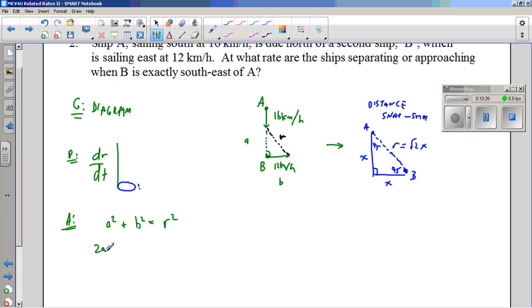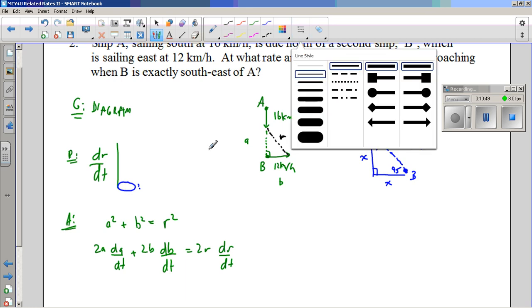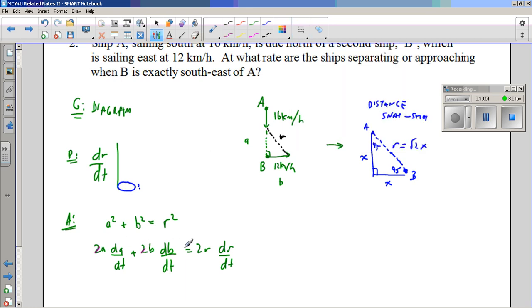So this is 2a dA dt, and I have 2b dB dt, and 2r dr dt. Okay, there's the little smile. We get a little smile because that's what we want to find. And I get a little smile because the 2's cancel. Bing, bing, and bing. All right, great.